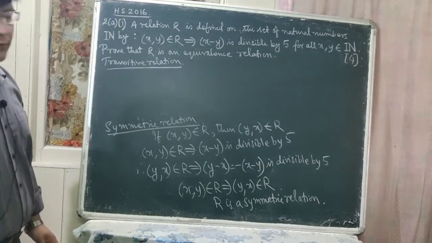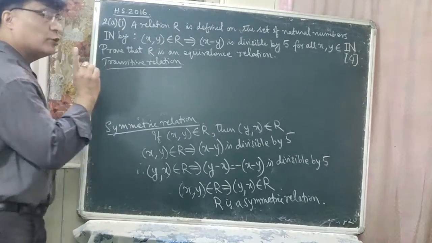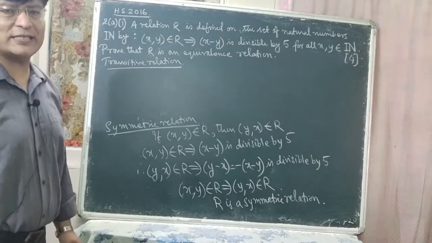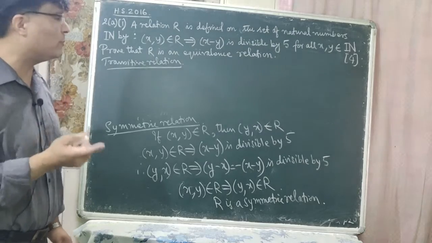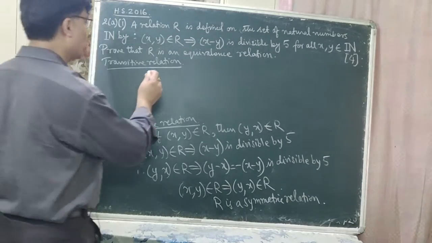So what is the definition of transitive relation? You should take three natural numbers here, x comma y comma z, which belong to the natural numbers.